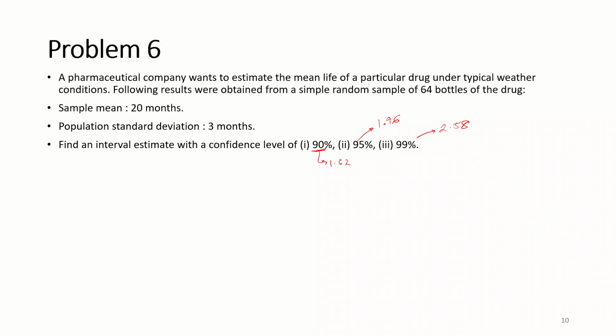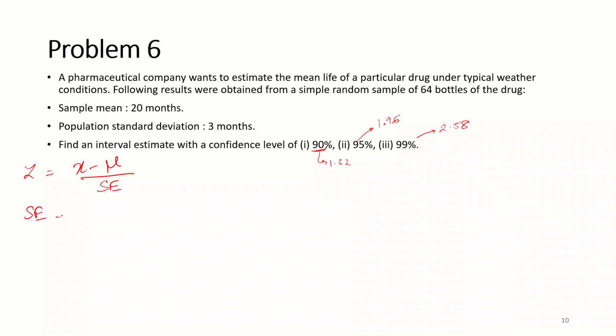So first, what we should do is calculate the mu. What we know is z. This formula we know: z equals X minus mu divided by the standard error.